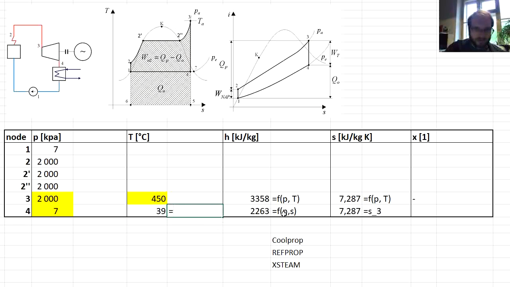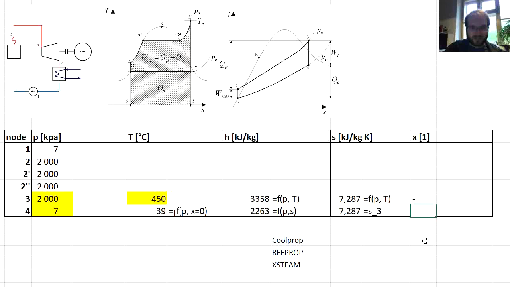And we can again get it as a function of pressure and entropy, but in general we got it as the saturation temperature at given pressure. So the saturation temperature at given pressure means that we search for the temperature as a function of the pressure and quality, which equals 0 or 1, or basically anything in between.